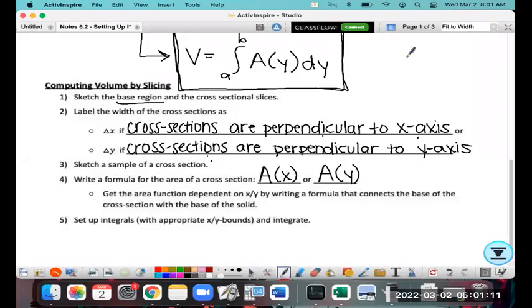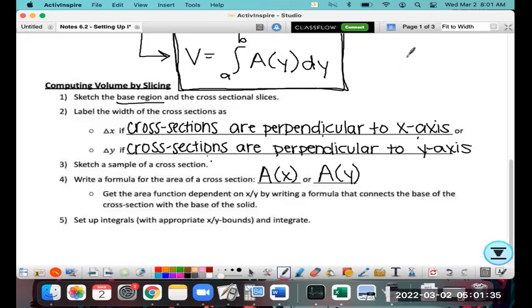And then from there, all we have to do is set up our integrals, making sure that you have the appropriate bounds. You don't want to get all of this work correct and then accidentally use the opposite bounds than what you were supposed to. If you have x variables inside of your integrand, I should see x bounds. If you have y's inside of your integrand, I want to see y bounds.